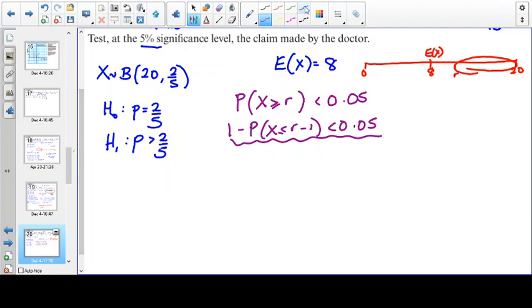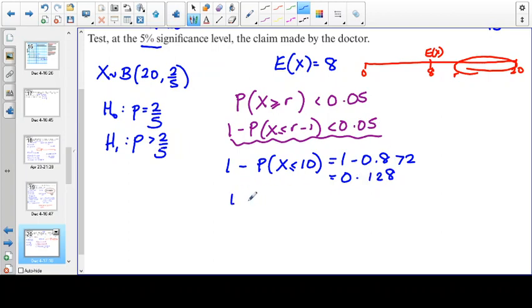So let's try some numbers. Let's do 1 minus, I don't know, let's start with 10. So x is 10, n is 20, and p is 0.4. So when that is 10, I'm going to get 1 minus 0.872, which is 0.128, which is too big.